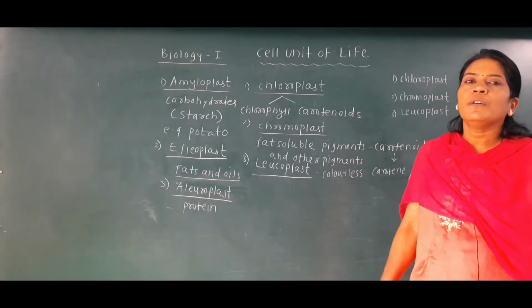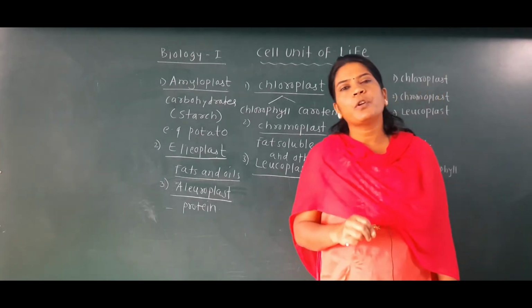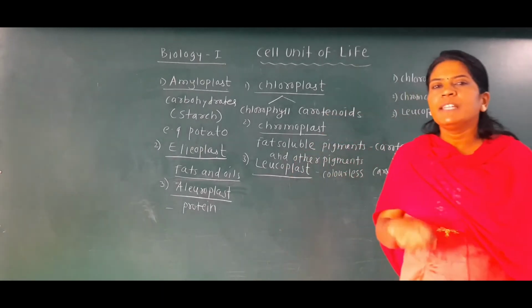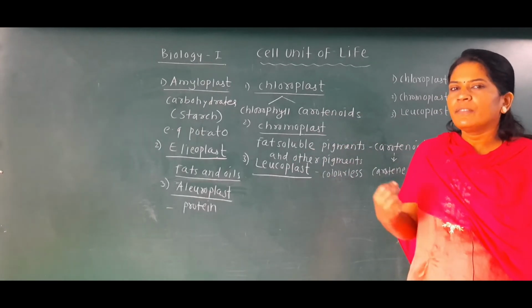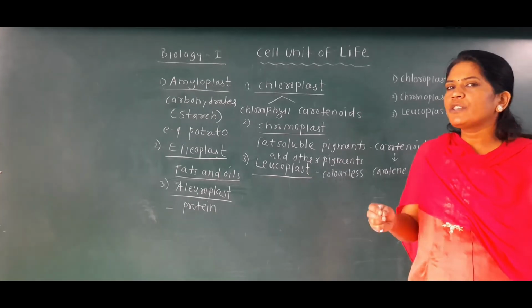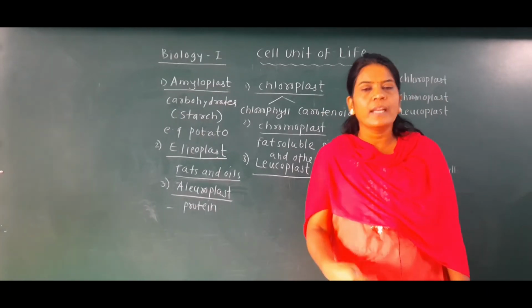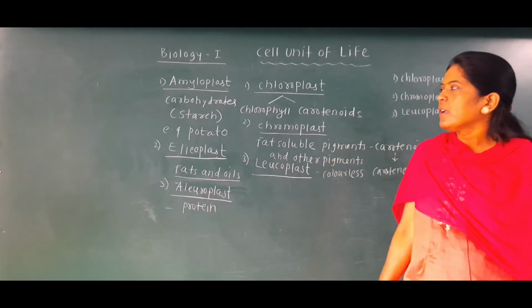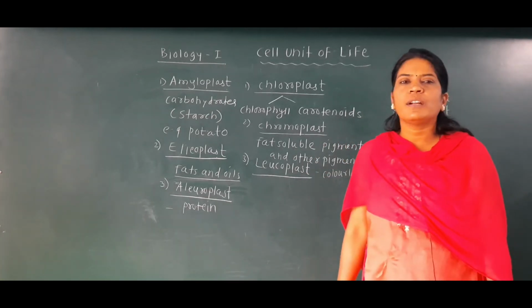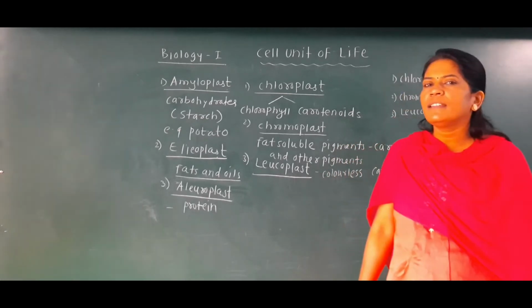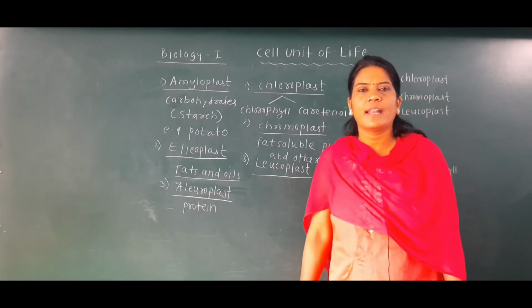Another important point from the NEET point of view is that the pigments are very essential. Sometimes a question may be asked about which pigments are present in the chloroplast; then we should know chlorophyll and carotenoid. The chromoplast also contains carotenoid, and again this carotenoid is of two types: carotene and xanthophyll.